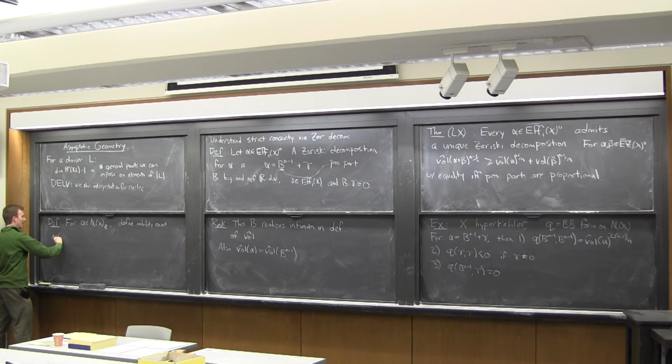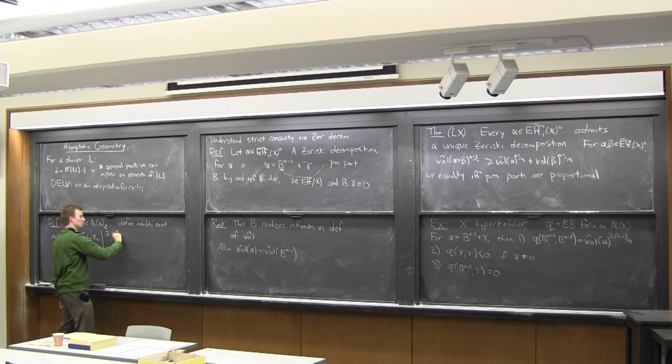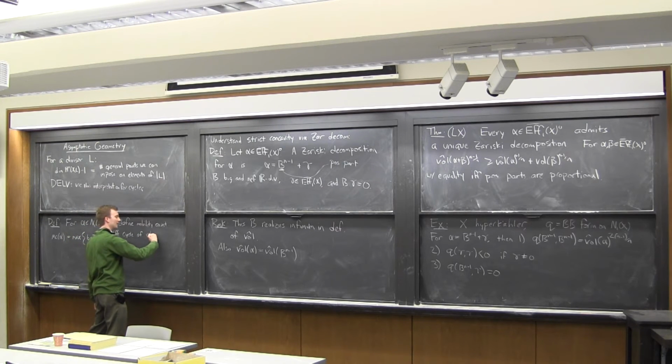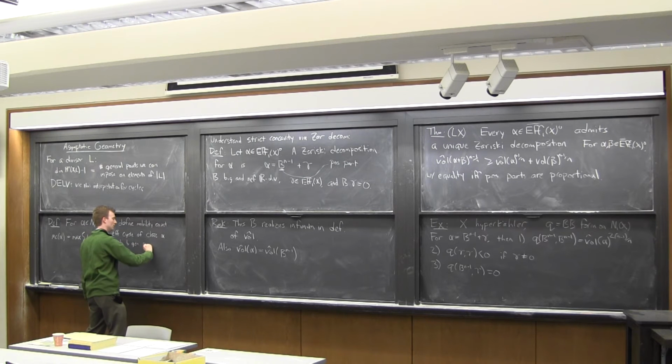The mobility count of alpha is defined as the largest non-negative number B such that there exists an effective cycle, or an effective curve, I should say, of class alpha through B general points of X. Okay, so it's exactly the analogous definition.